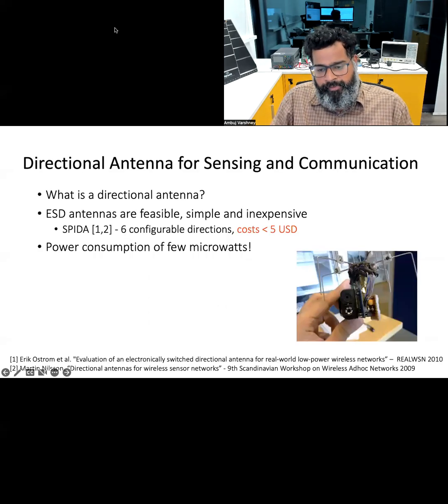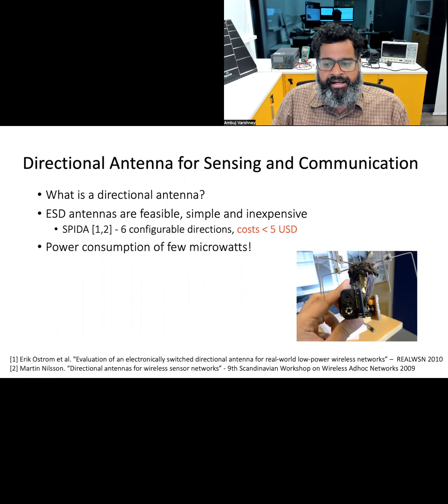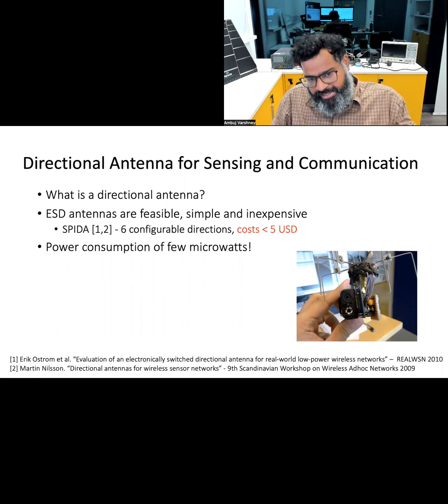So let's review what a directional antenna is. A directional antenna radiates or receives greater power in a specific direction. An ESD, or electronically steerable directional antenna, is a type of directional antenna that allows electronic control of the direction of maximum antenna gain. One example of an ESD antenna is something called SPIDA, which looks like a spider, which you can see on the slide.